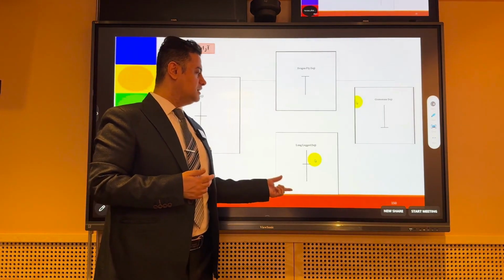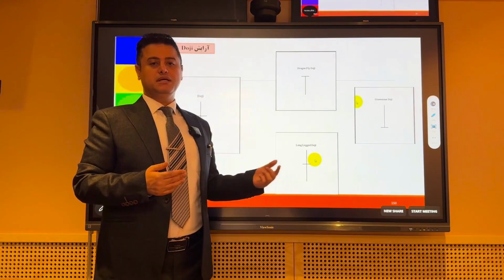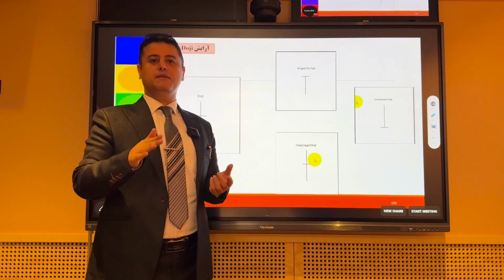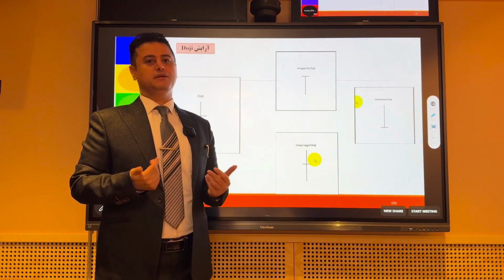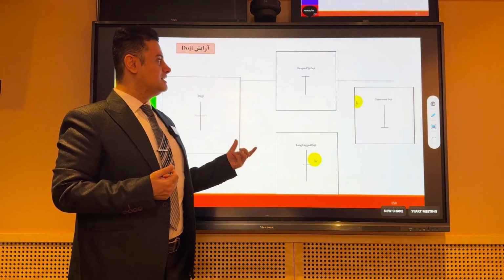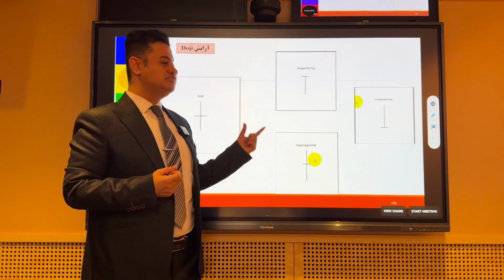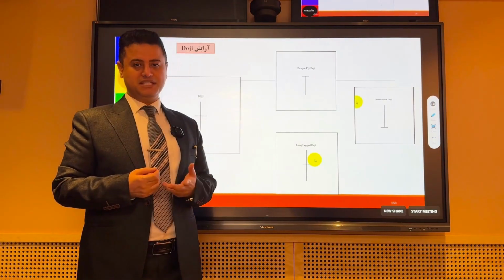If you encounter a long-legged doji, it actually represents a state of indecision. This means you should be uncertain about what is going to happen in the market. This is essentially your understanding and recognition of dojis and the decision you want to make afterward.